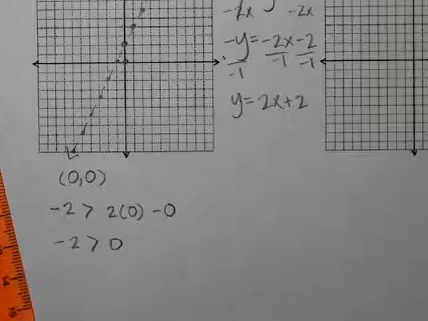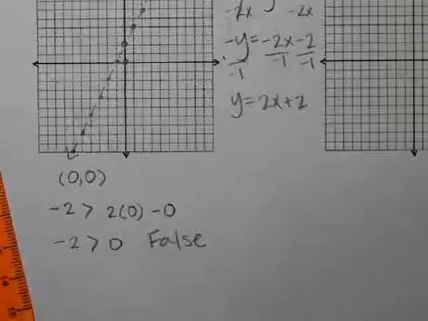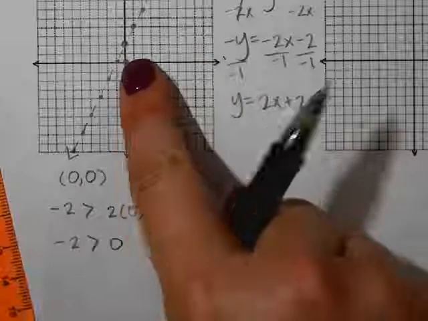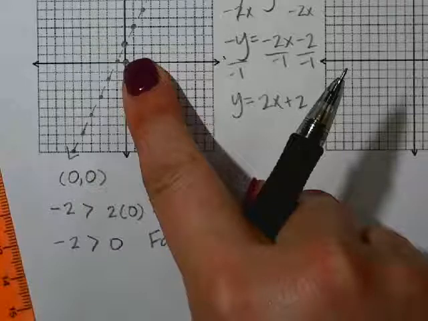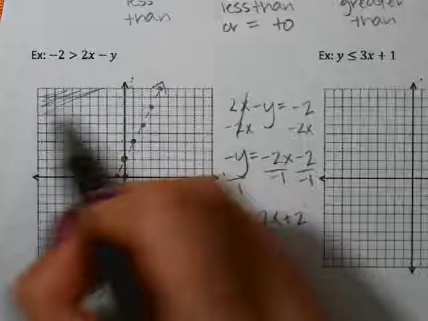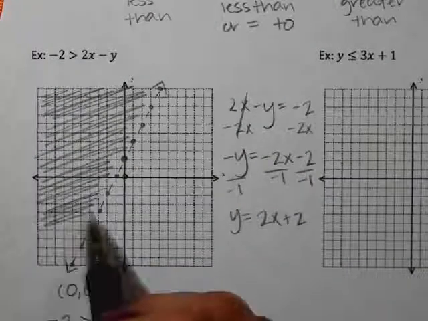Is that true or false? That is false. Okay. The shading has to be where points are true. So 0, 0 is false. That's on the right side. We can't shade there. So where should we shade instead? The left side. The other side. The not right side.